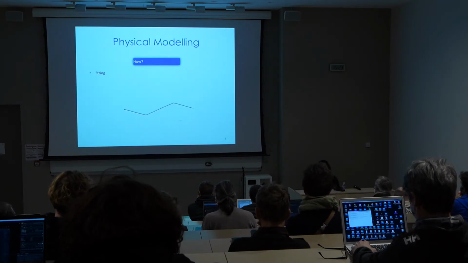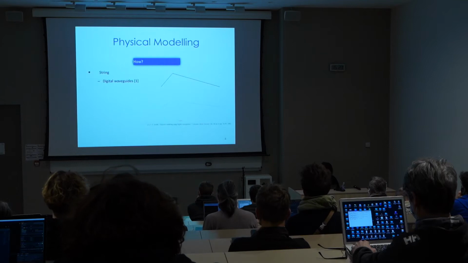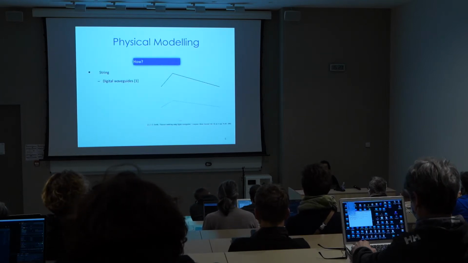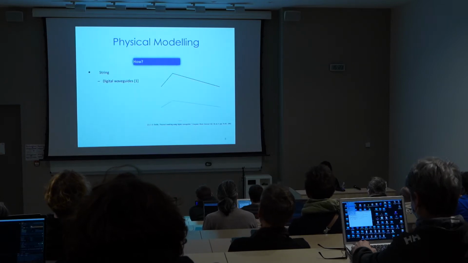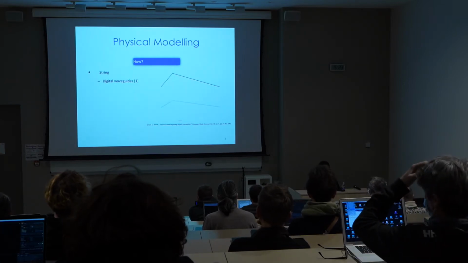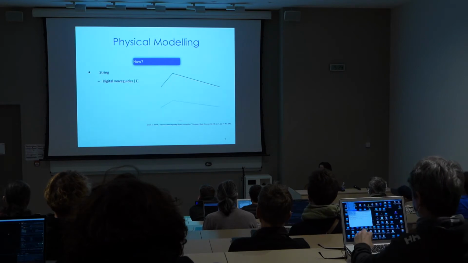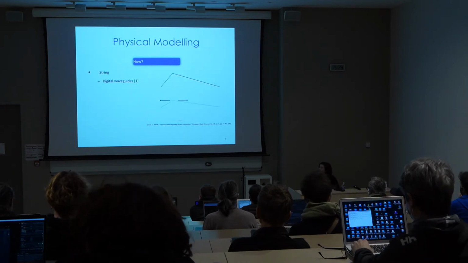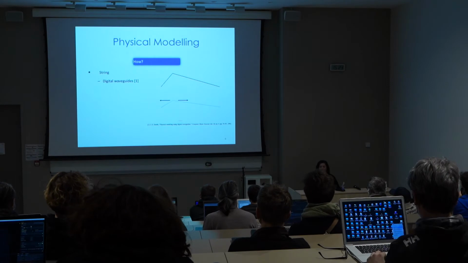And this has been done in the community of sound synthesis in different ways. The first and most computationally efficient way is what is called digital waveguides. Digital waveguides were invented by Julius Smith, who is a professor at CCRMA. What is a digital waveguide?